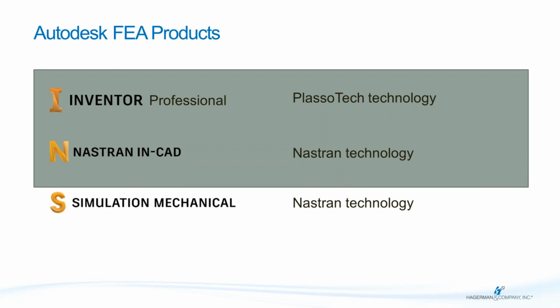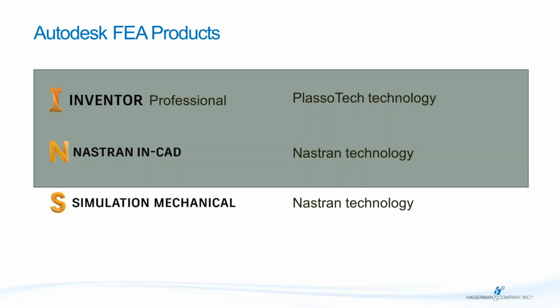We have a third product called Simulation Mechanical, which also uses the same Nastran technology. And that really is more intended for people that are using Pro-E, people that want to do things like pressure vessel analysis. There's a lot of overlap between Nastran In-CAD and Sim Mechanical.